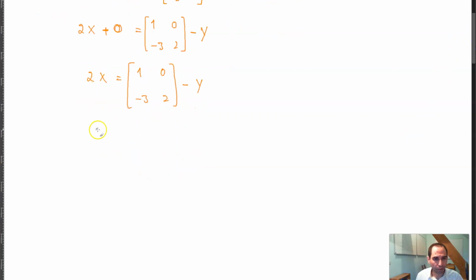And then divide by 2, you will get x is equal to 1/2 times 10 negative 3 2 minus y.